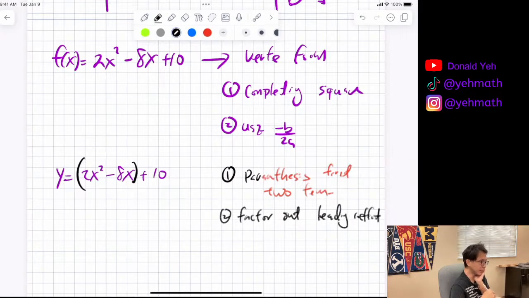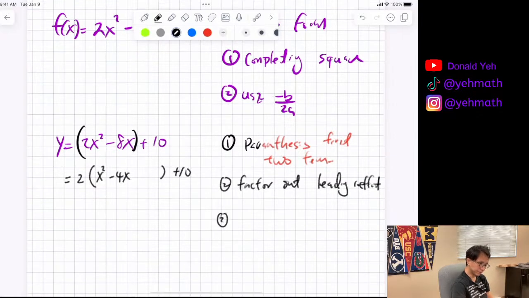Some people think the leading coefficient is 2x. No, it's just 2. Just 2. So if I factor out 2, I'm going to get x squared minus 4x plus 10. Is that okay? Not only do I want to factor out the leading coefficient, I want you to complete the square.